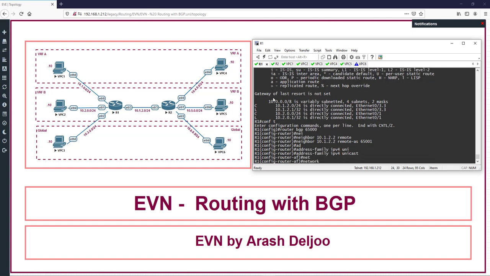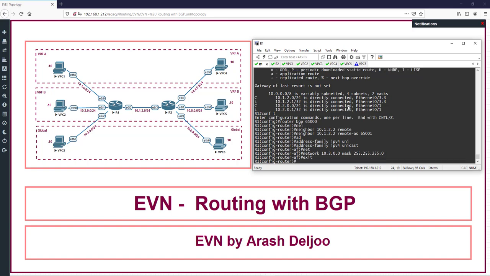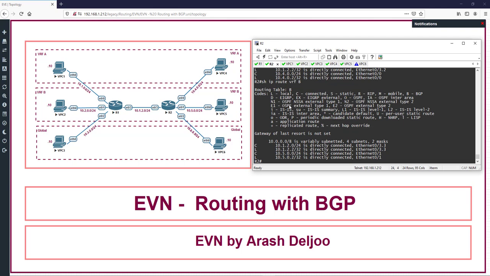Please advertise the network. Because this is for the global virtual network, you should advertise 10.3.0.0 with the mask of 255.255.255.0. That's it. Then let me configure router 2.